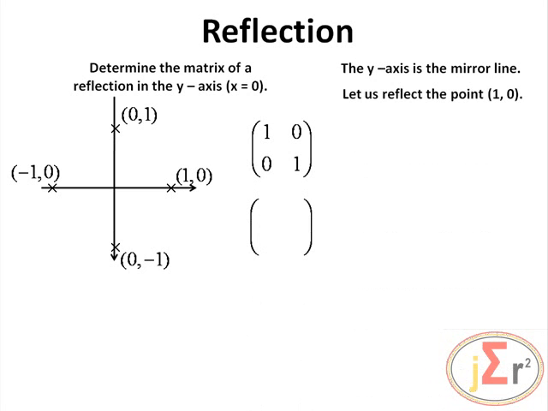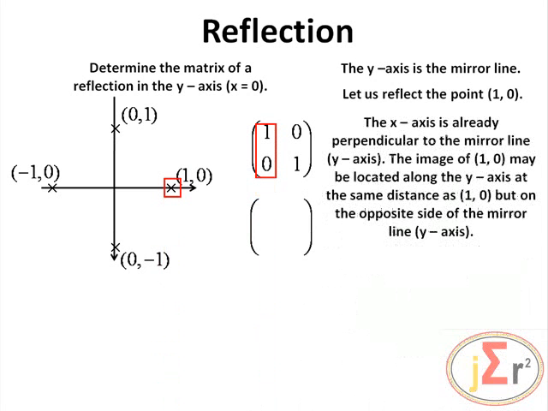So let us reflect the point (1, 0). The x-axis is already perpendicular to the mirror line. The image of (1, 0) may be located along the x-axis at the same distance as (1, 0), but on the opposite side of the mirror line. So this is our mirror line.